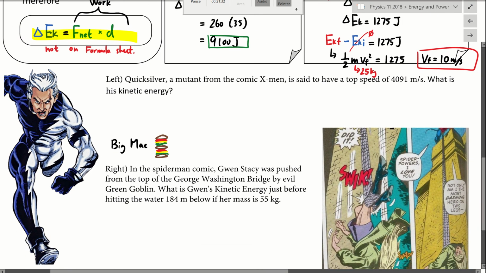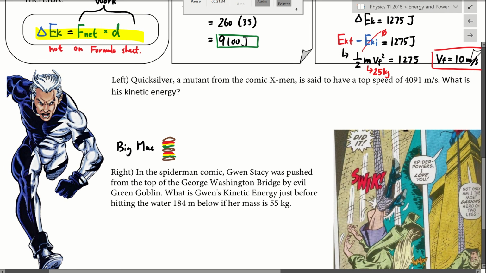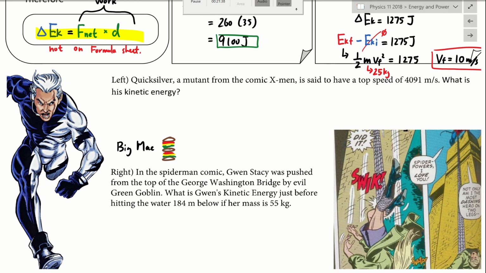According to Wikipedia, he has a top speed, in one version of him at least, of 4,091 meters per second, which is a lot faster than even airplanes. So, what is his kinetic energy? How much energy does he have to spend to actually get to this particular speed? You can pause the video now to have an idea.